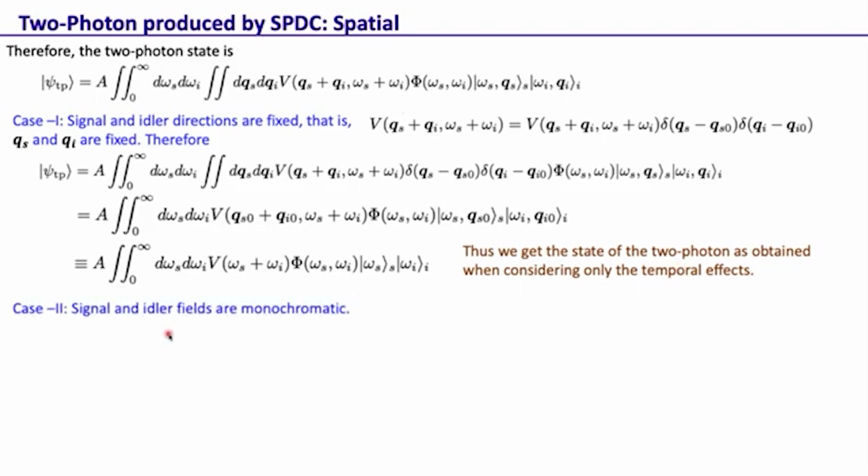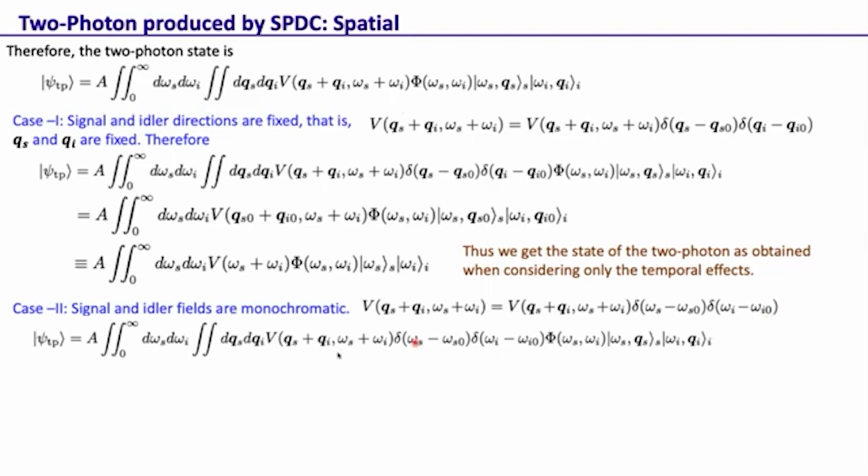Now we can also take the second case where the signal idler fields are actually monochromatic. So in that case, this v of qs, qi, this quantity we can write like this, where omega s, the signal frequency, takes this single value omega s naught, that's monochromatic, omega i is omega i naught, and then when we substitute it in here and integrate over this delta integral, we obtain this expression for the two-photon state.